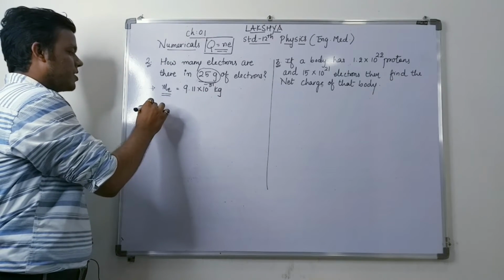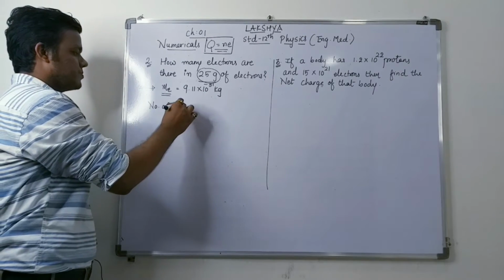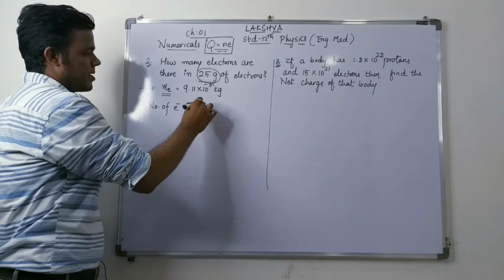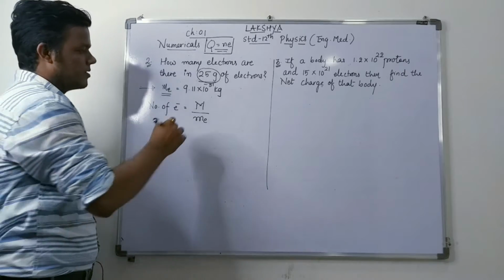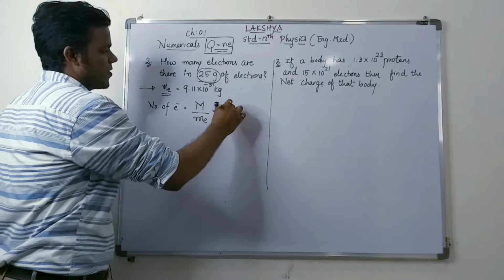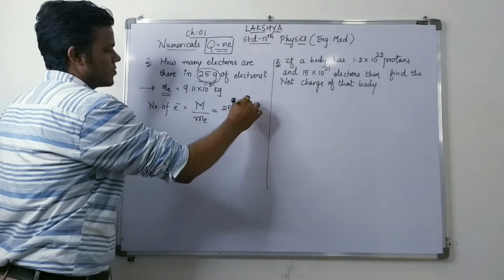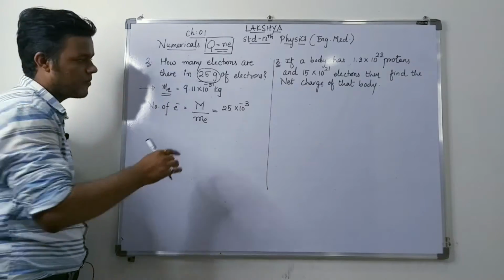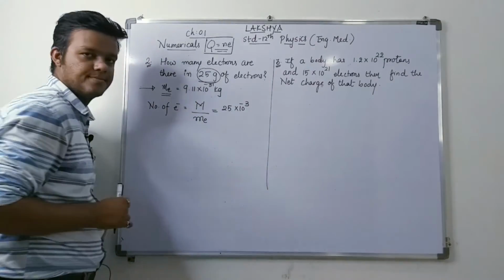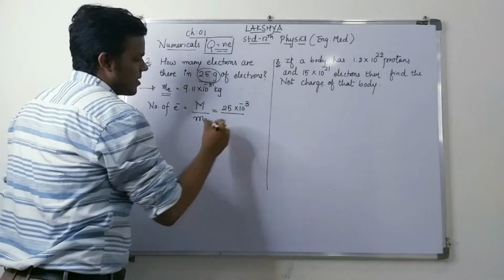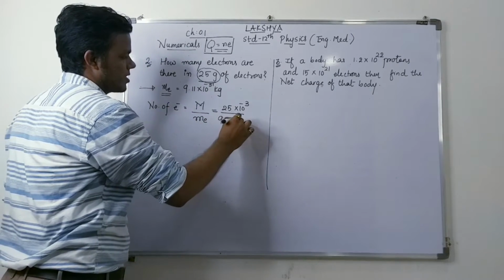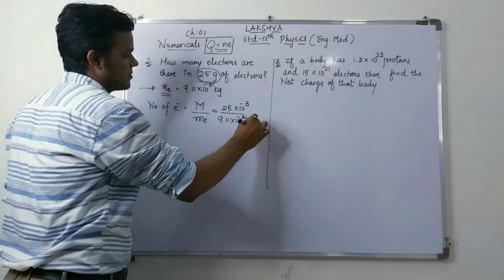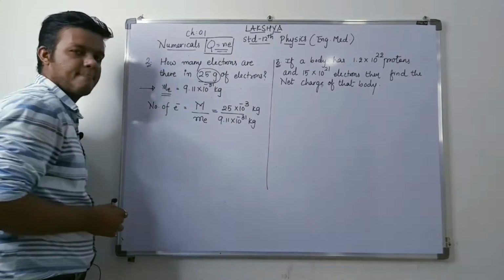So number of electrons equals total mass divided by the mass of a single electron. Total mass is 25 gram, which is 25 into 10 raised to minus 3, as I want to convert this into kg, divided by the mass of a single electron, 9.11 into 10 raised to minus 31 kg, right?